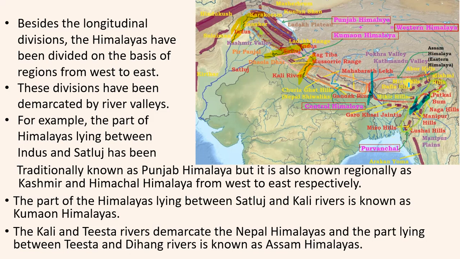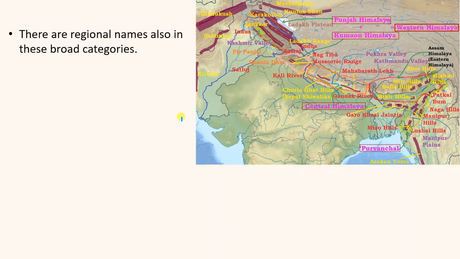So the Himalayan range between this part is the Assam Himalaya, and there are regional names also.